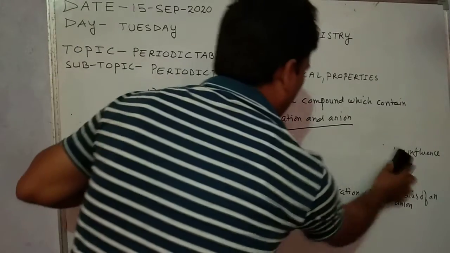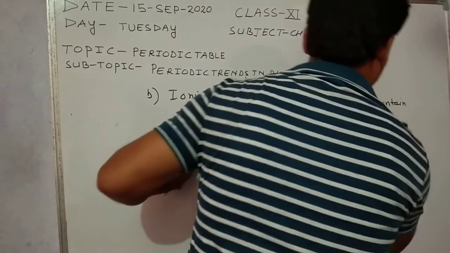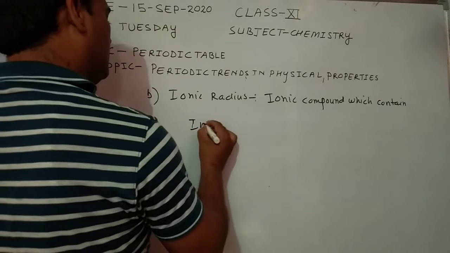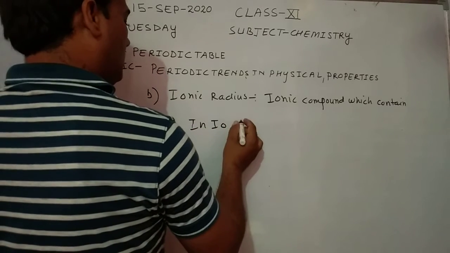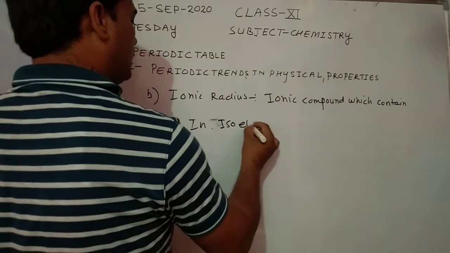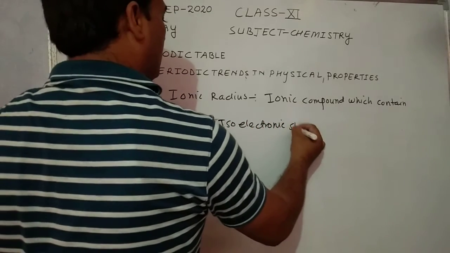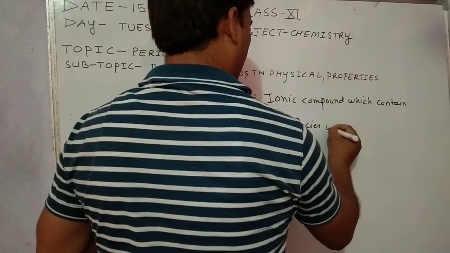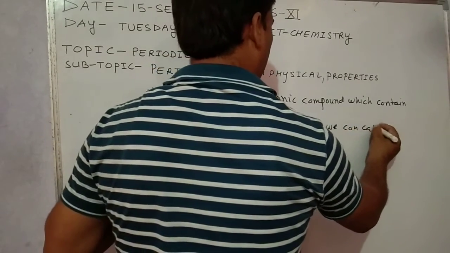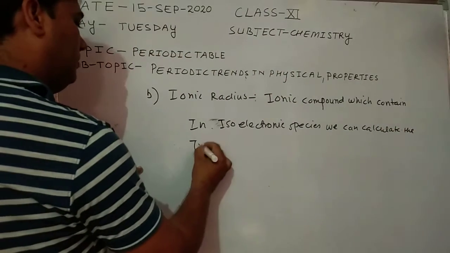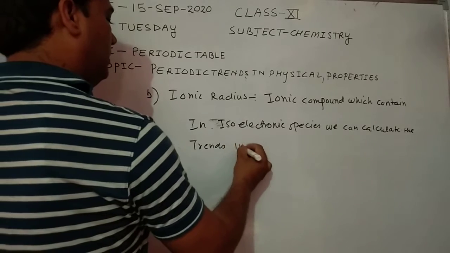Okay, so in isoelectronic species we can calculate the trend in radius.